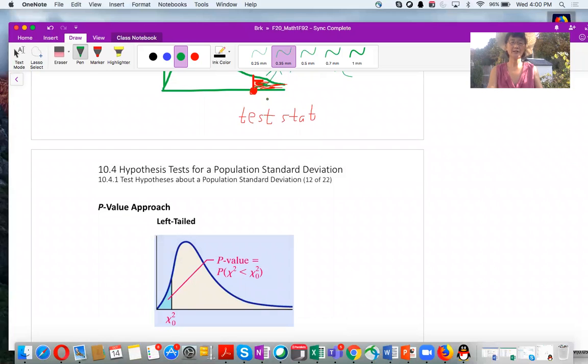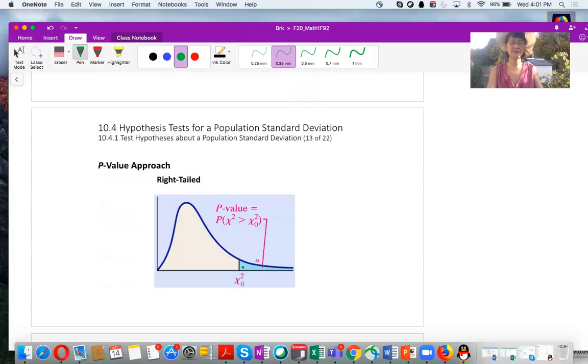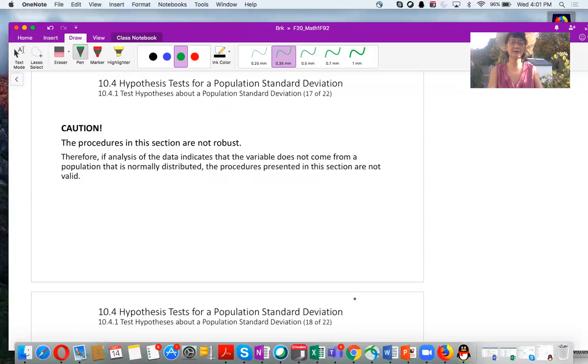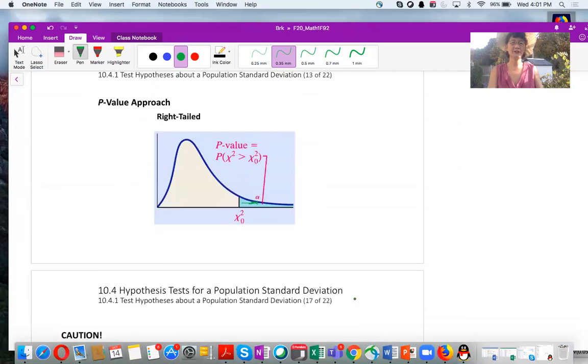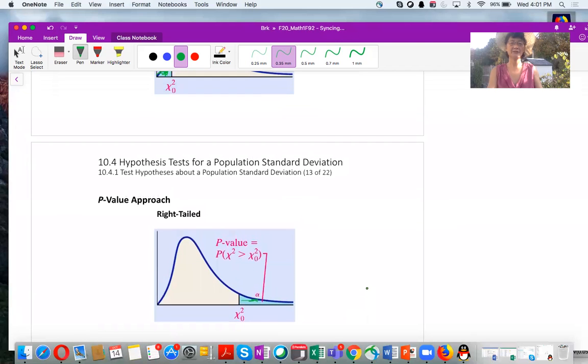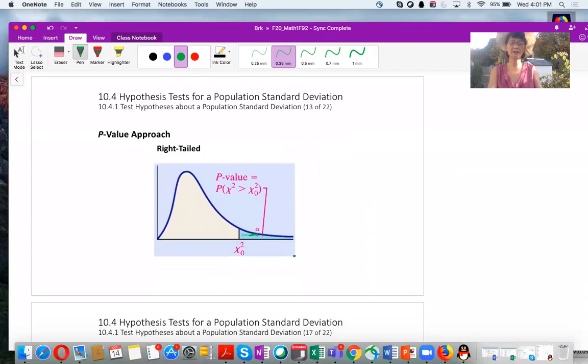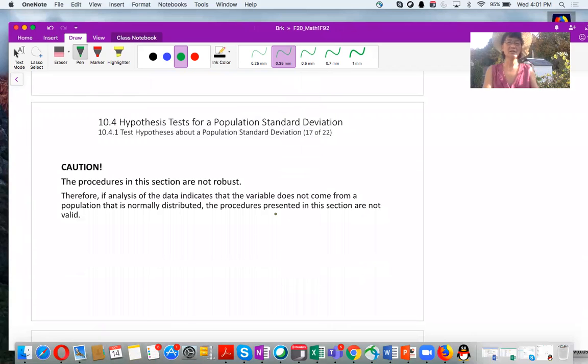When you have a left-tailed test, this is the p-value. The p-value is the area corresponding to the test statistic. This is the left-tail test situation. We usually do not have a two-tailed test situation. Most often it is a right-tailed test when we use chi-square. Be careful, the procedure for the chi-square test for population standard deviation is not robust.